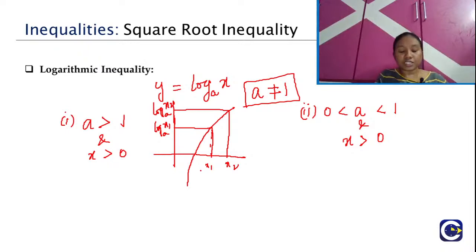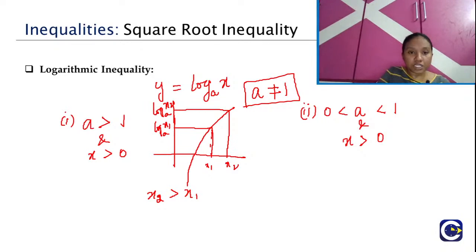So from this graph, you can say that my x2 is greater than x1 or not. According to our x-axis, x2 is on the far side, so x2 is on the far side of our x1, which means that x2 is greater than x1.